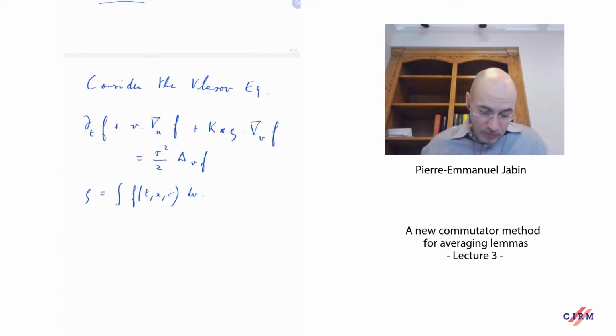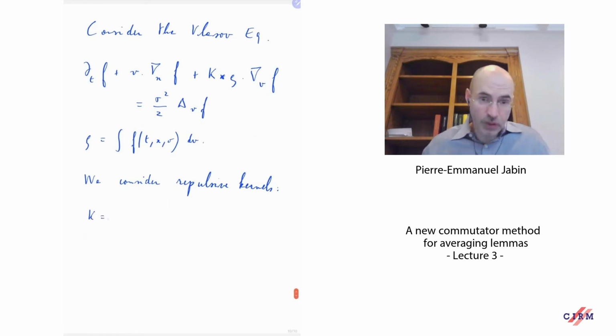Now, I'm going to use repulsive kernels in the following sense. So K is the gradient of some V, which is the radial kernel, and it's repulsive, so V prime is negative, right?